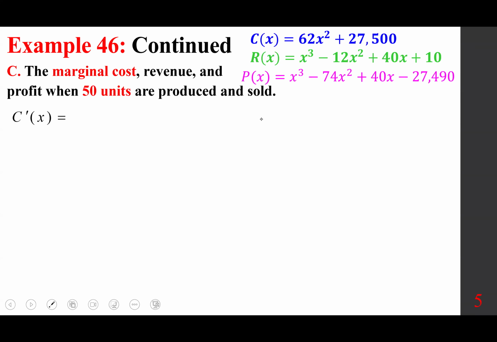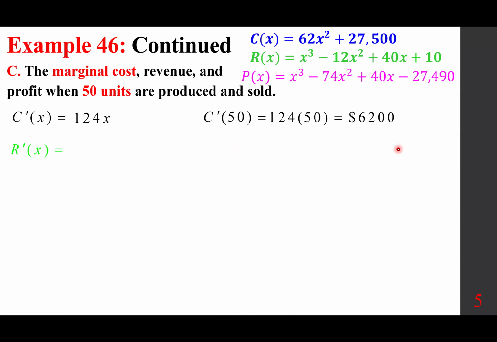So having said that, C prime, 62 times 2, 124x. C prime of 50. Now plug in 50, evaluate it, 124 times 50, and we get $6,200.